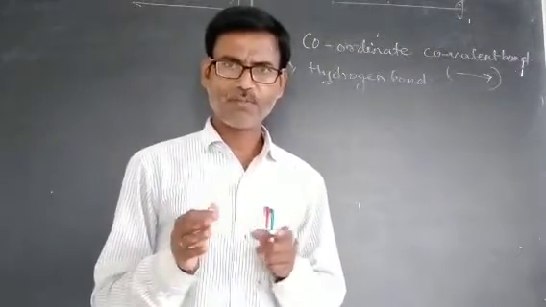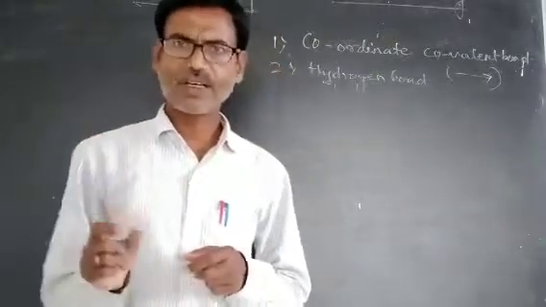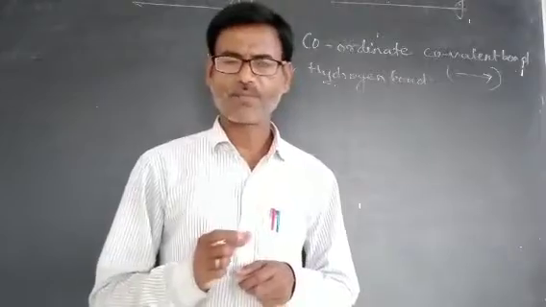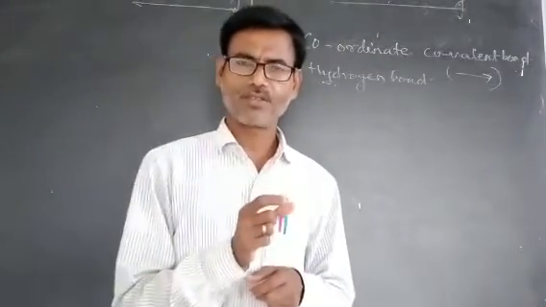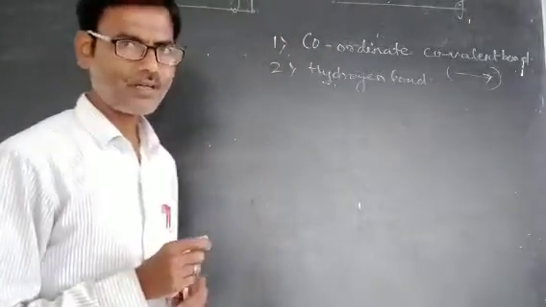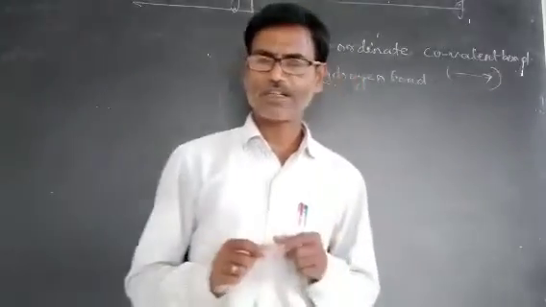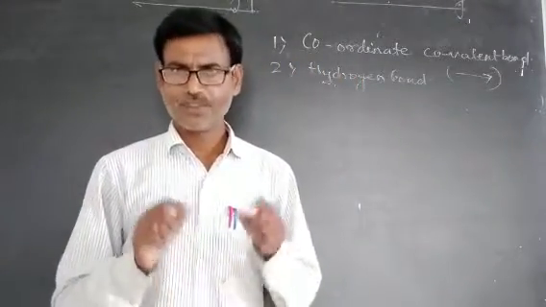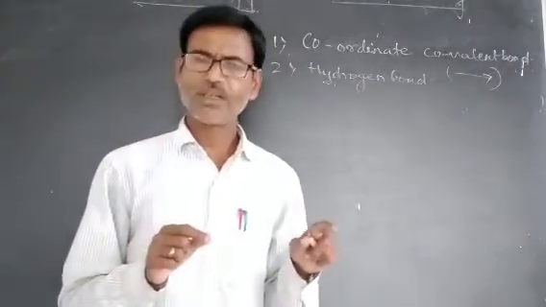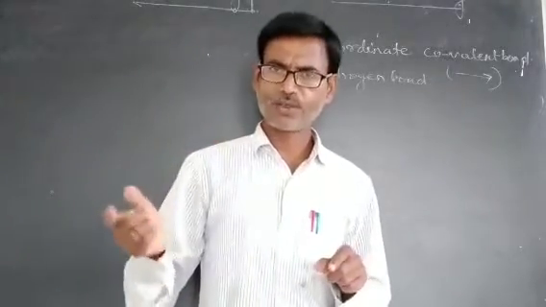The hydrogen atom which is involved in bond formation must be linked with an electronegative atom. Hydrogen bonding takes place between a hydrogen atom linked with an electronegative atom and another electronegative atom.